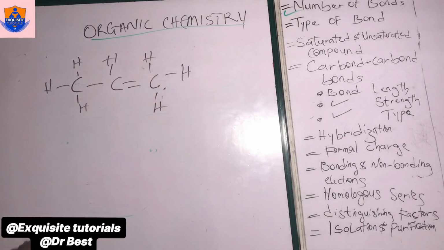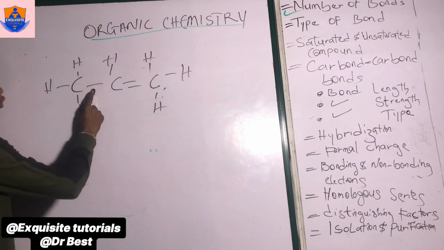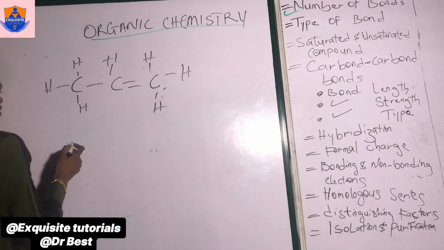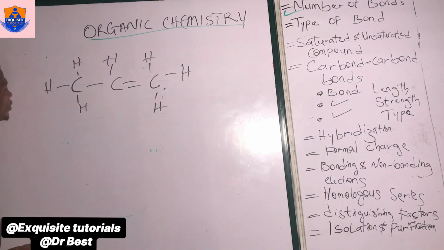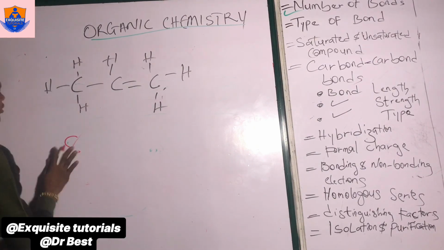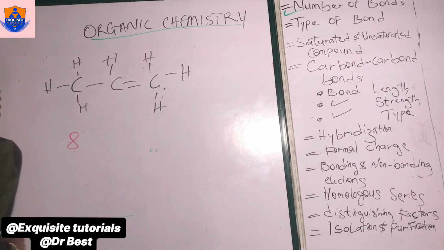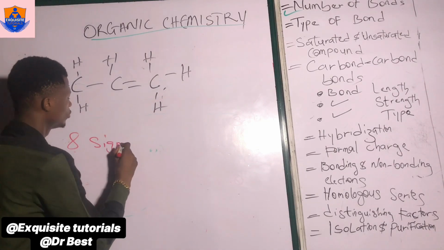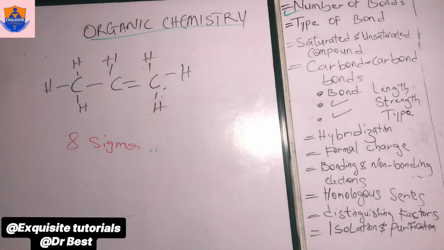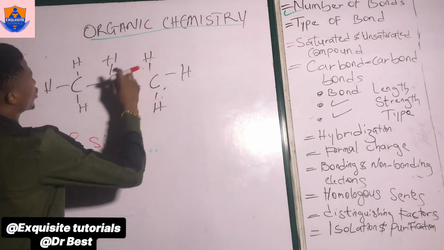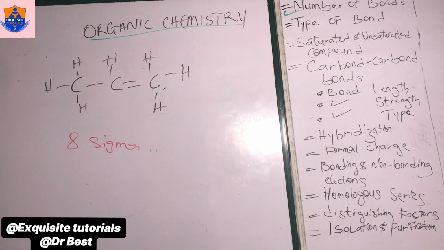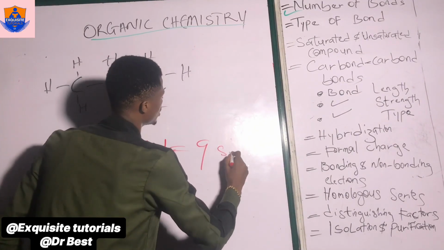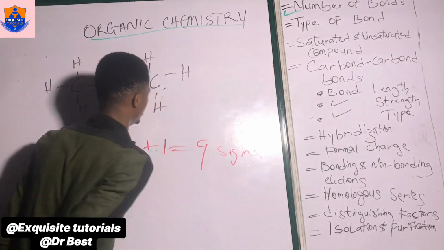How many single bonds do we have here? 1 2 3 4 5 6 7 8, which means first we have 8 sigma bonds from the single bonds, right? Remember that we also said that a double bond contains one sigma and one pi bond. 8 plus 1 is equal to 9 sigma bonds.